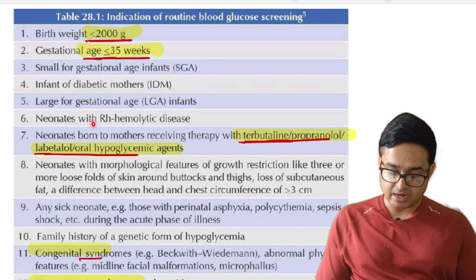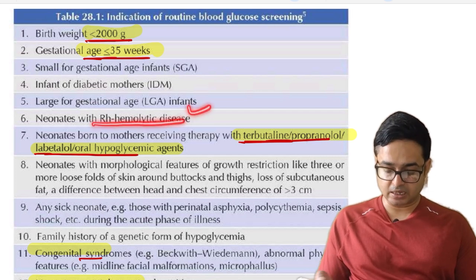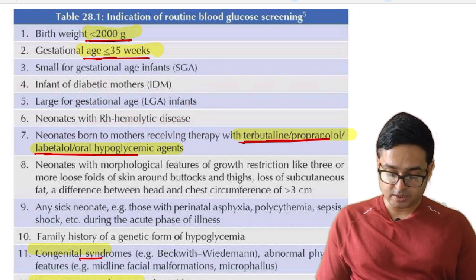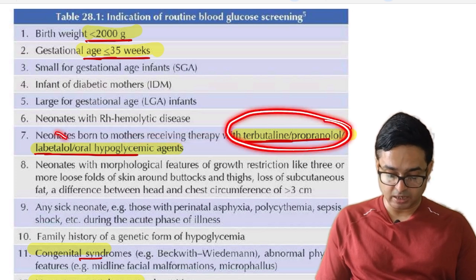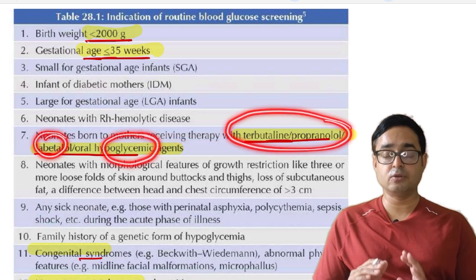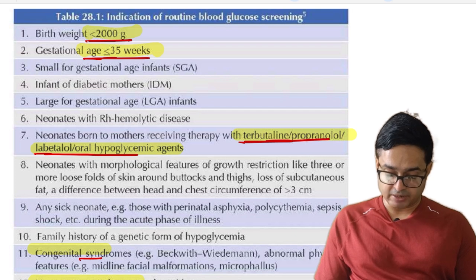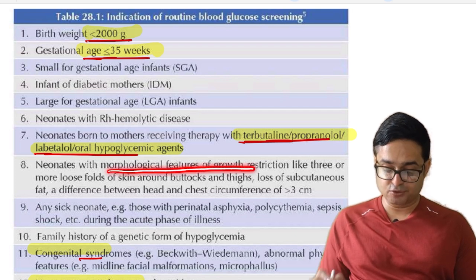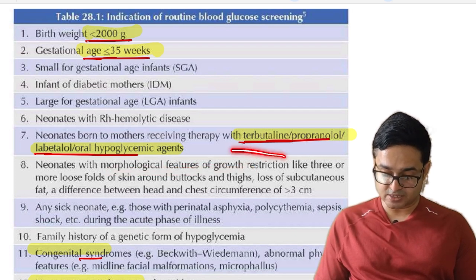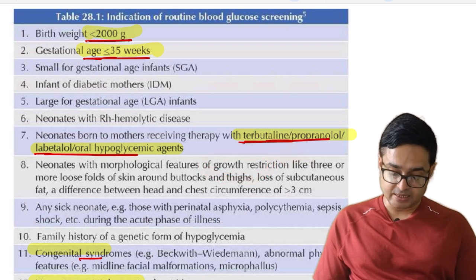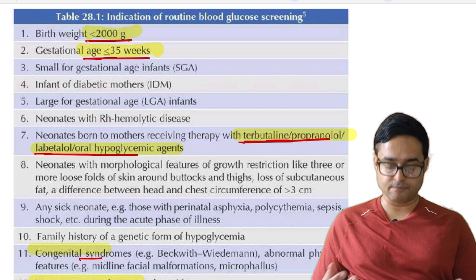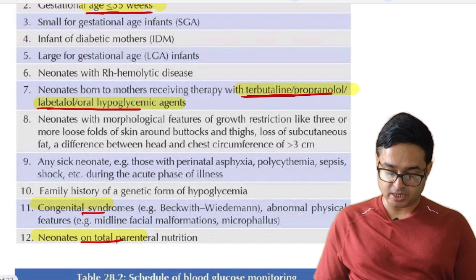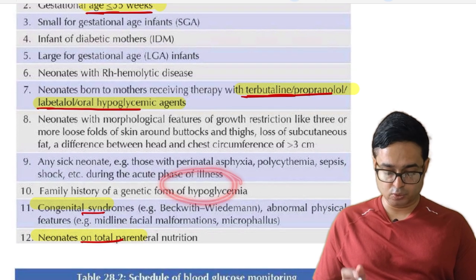A neonate with Rh hemolytic disease, you will screen. A neonate born to a mother receiving therapy with terbutaline, propranolol, labetalol, or oral hypoglycemics, you will do. A neonate with morphological features of IUGR, you will do. Just remember, any sick neonate like perinatal asphyxia, polycythemia, sepsis, you have to do. Family history of genetic form of hypoglycemia, you will do.